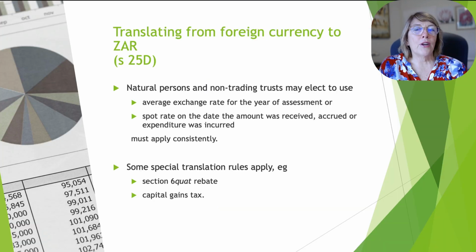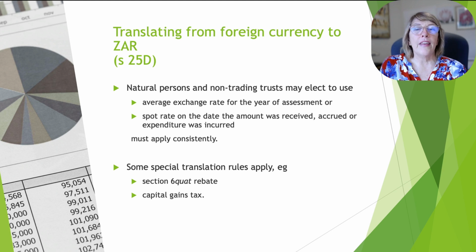Now, if you're a South African resident and you've earned foreign income, whether it be foreign remuneration, interest, rental, dividends, you've got to translate that foreign amount, whether it's euros, US dollars, whatever, into rands, right? So the starting point is, how do you do that translation? Now, we've got rules again in the Income Tax Act, Section 25D, that says for individuals and non-trading trusts, you have the option.